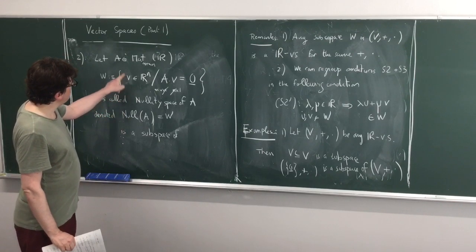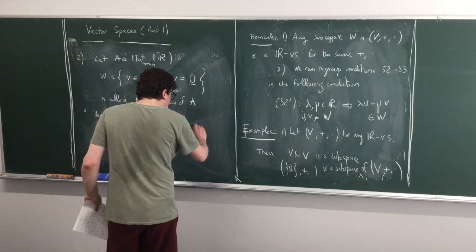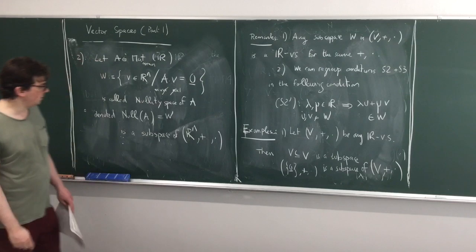Okay, so you see that this is a set of vectors of R^n. So it's a subspace actually of R^n with the previous operations that I've seen earlier.